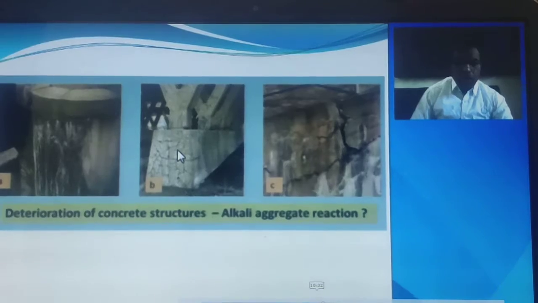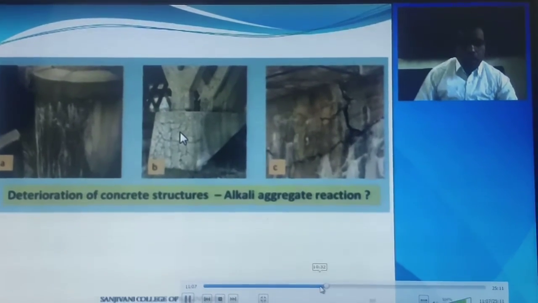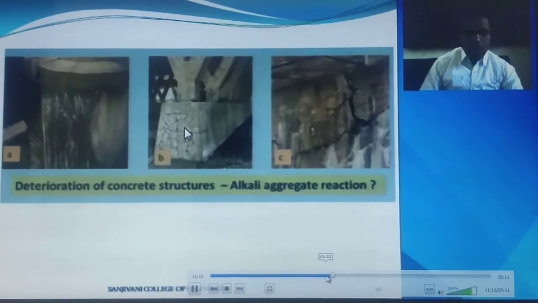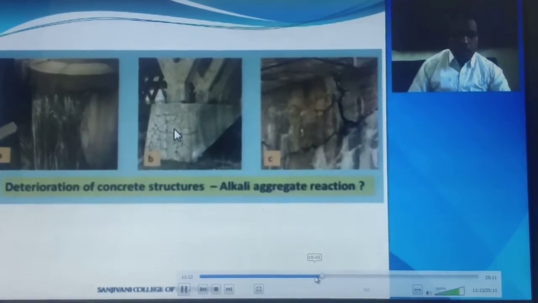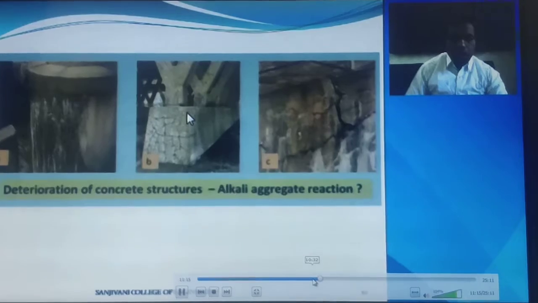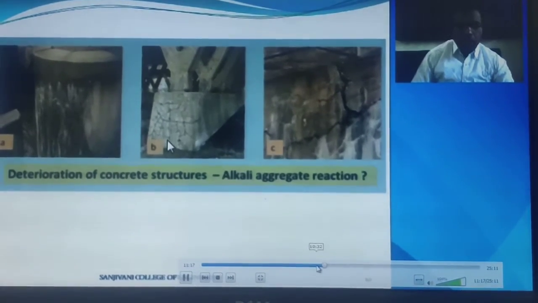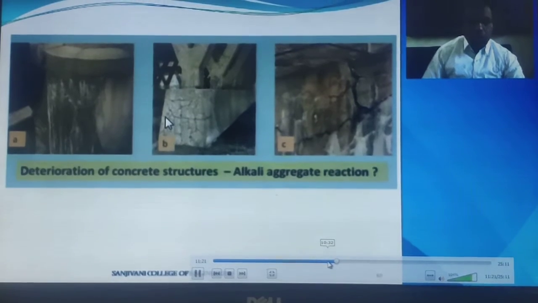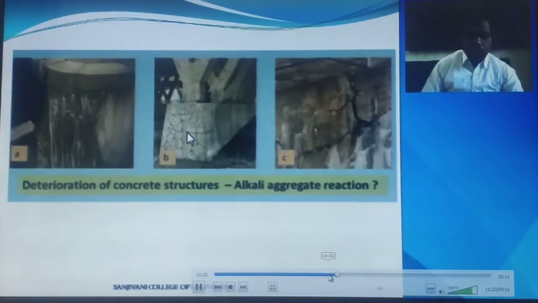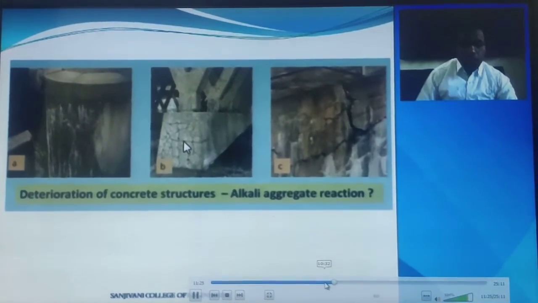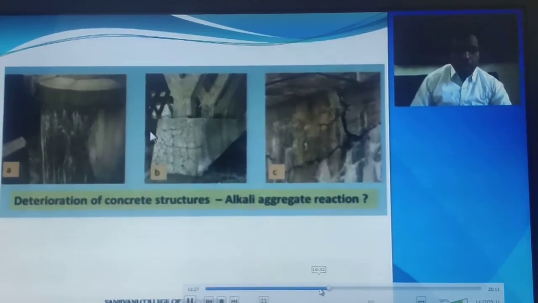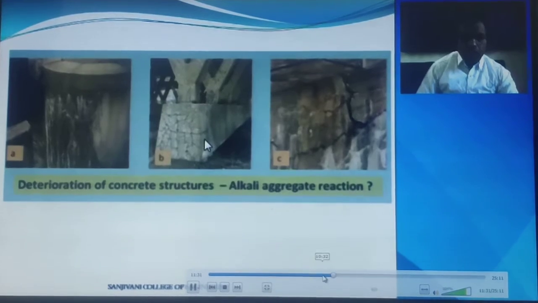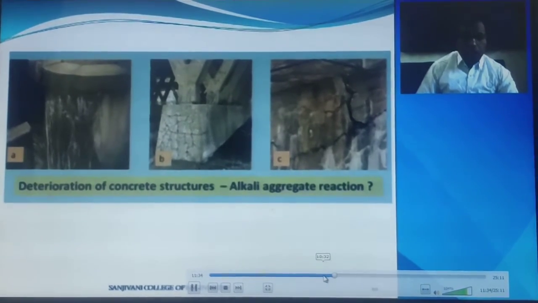Cracks develop and spread throughout the structure, and there may be chances of penetration of water into the structure, which may then deteriorate. So care must be taken to avoid the alkali aggregate reaction.